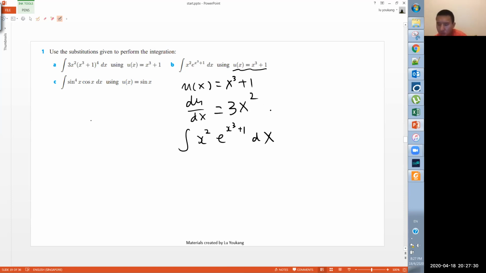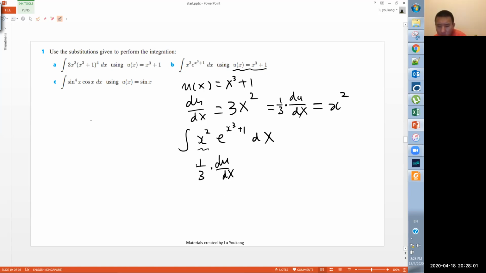So that means over here you have your x squared, right? So 1/3 of your du dx is equal to x squared. So therefore, you can change your x squared into 1/3 du dx.